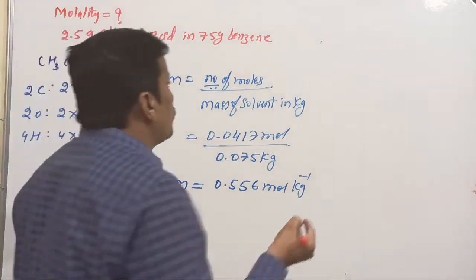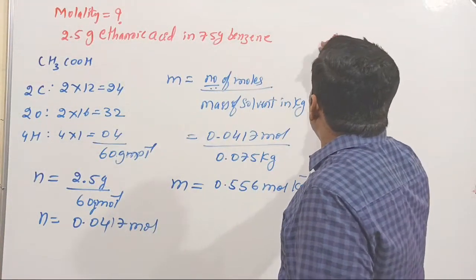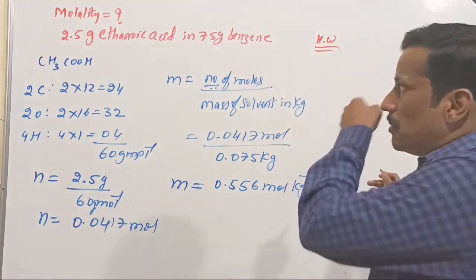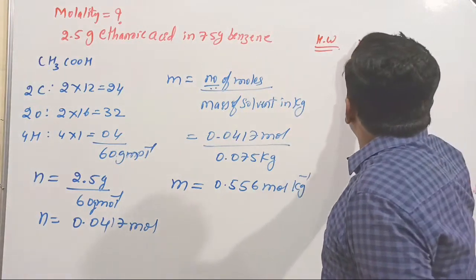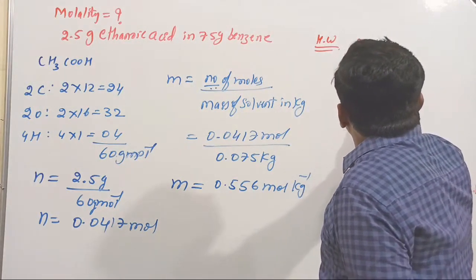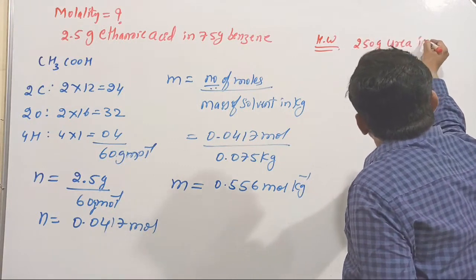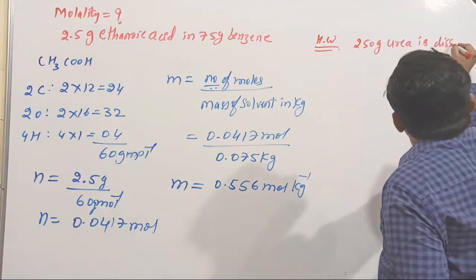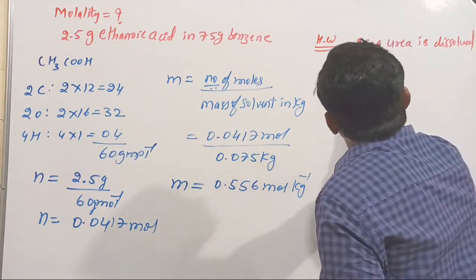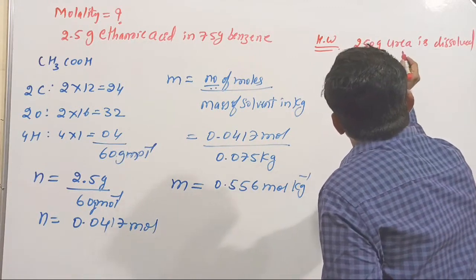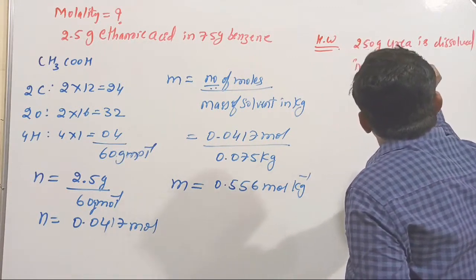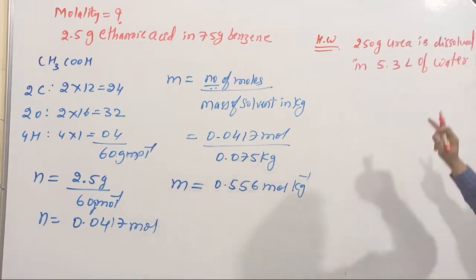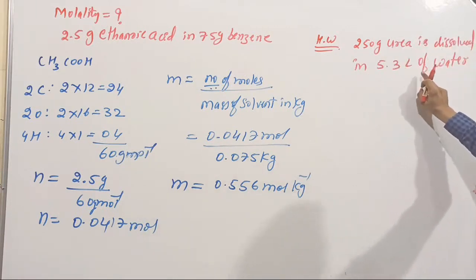Homework problem. Try this at home. 250 grams of urea is dissolved in 5.3 liters of water.